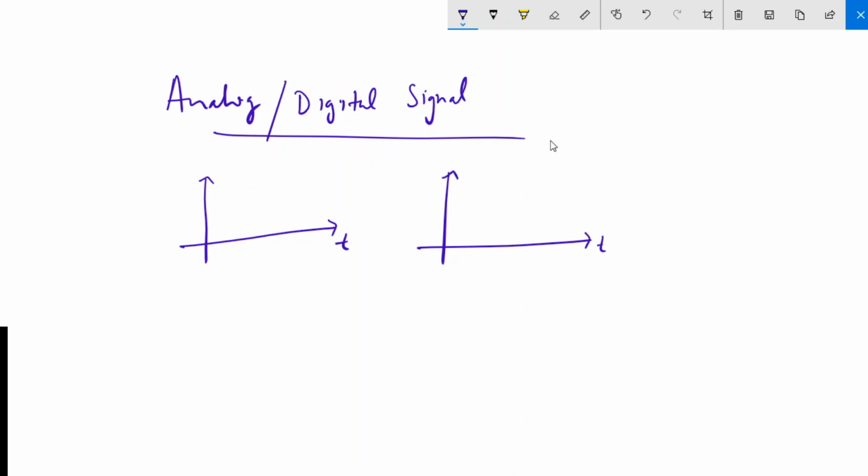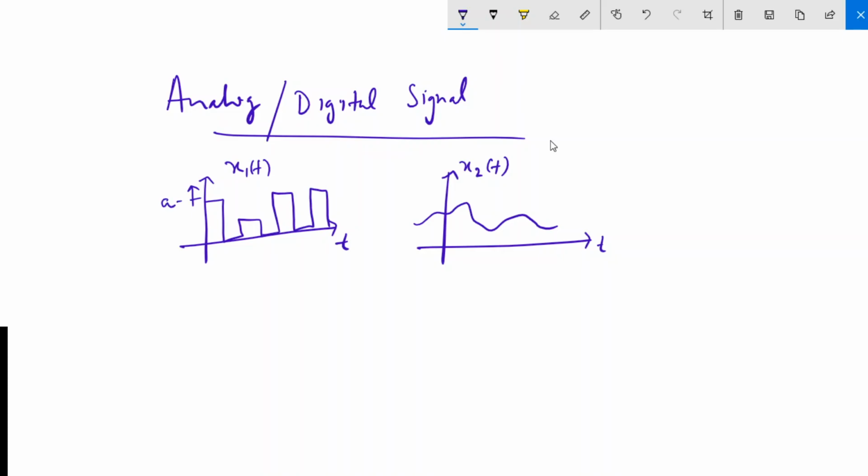Suppose I plot two signals. This is x1(t), this is x2(t). This signal is like this, and one signal is like this. If you look at the amplitude of this signal, it can take only two levels here.